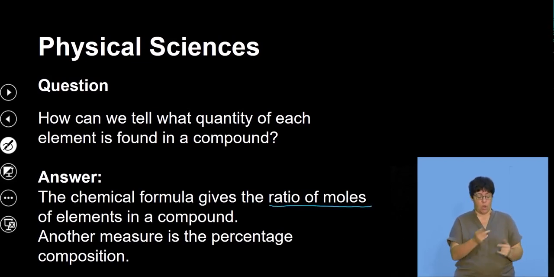Very, very important. It's the ratio of moles, because quantity of matter is actually in moles. So the chemical formula gives us the ratio of moles of each element in a given compound. Another measure is to express that as a percentage, which has to do with percentage composition.